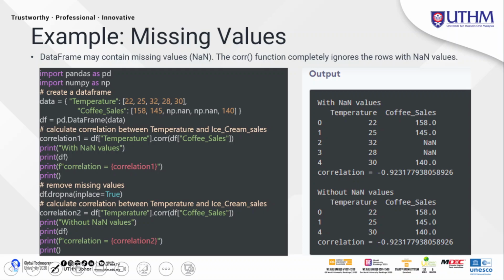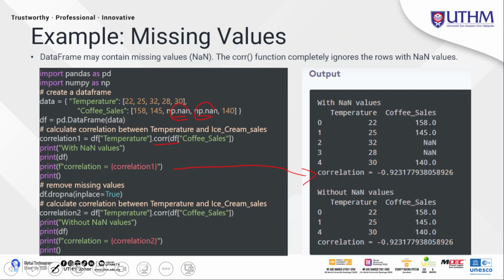Okay, for example, in this case, your data set has two missing values. So when it comes to correlation between temperature and the coffee sales, with NaN values, what is the correlation? When you include these missing values, you can see your correlation here, which is negative.